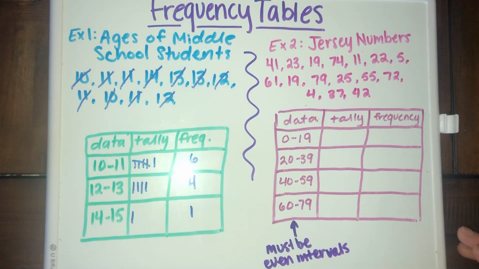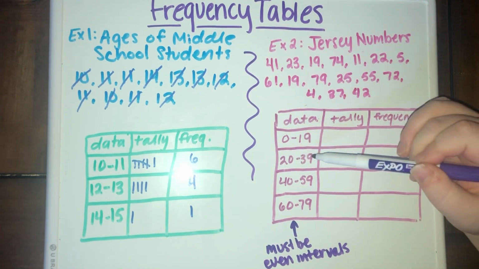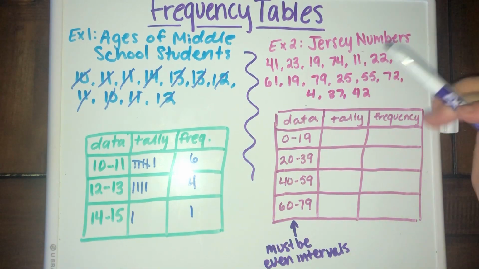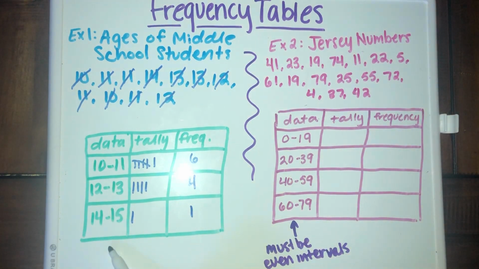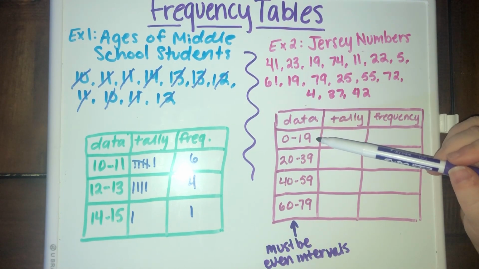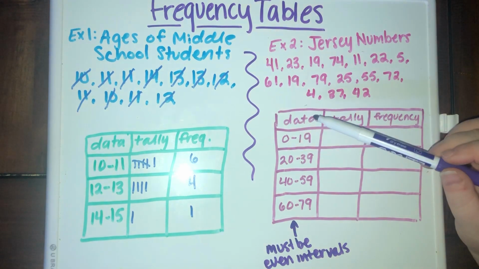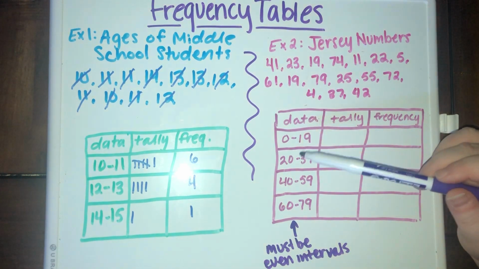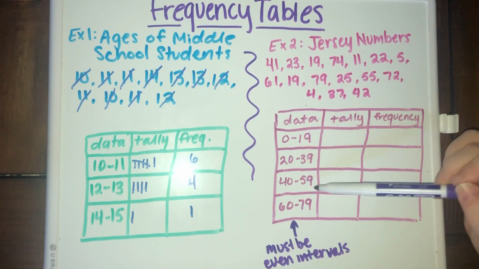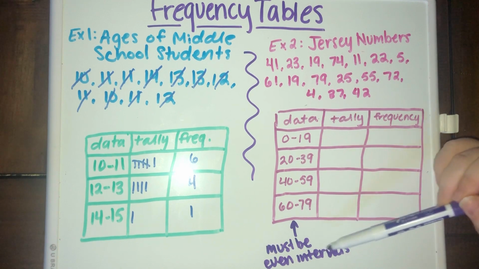I mean they can't be 0 to 5 and then 6 to 20 and then 21 to 23. They have to be even. Like here we counted by 2s. Here it's by 20s. So 0 to 19, because we're including 0 as a number, that would give us 20. 20 to 39, that is also 20. 40 to 59, that's 20. 60 to 79, that's also 20. That's what I mean by even.